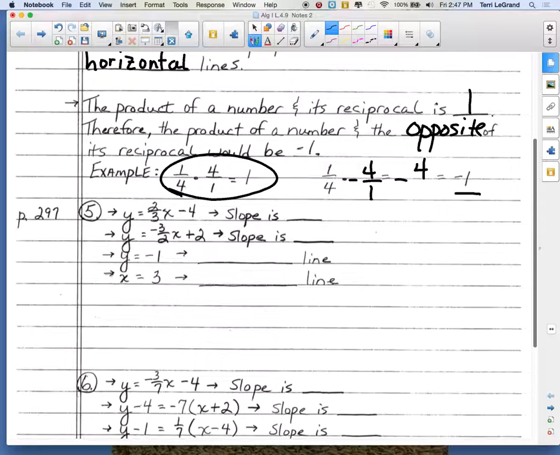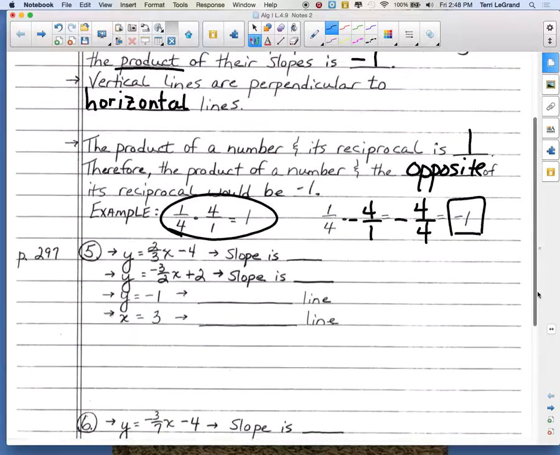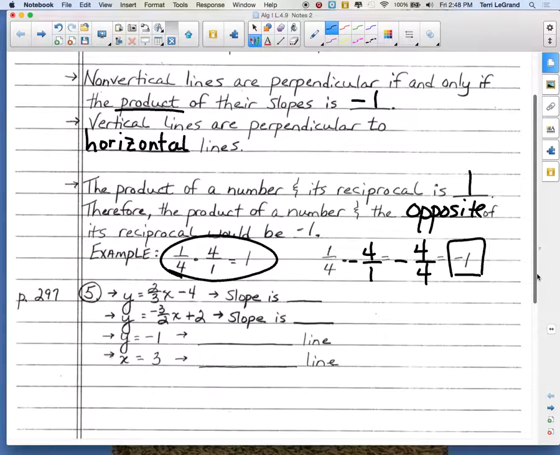And 1 times 4 upstairs is 4. 4 times 1 downstairs is 4. And 4/4 simplifies to 1, doesn't it? So we end up with our product of a -1. So that means the slopes have to be opposite reciprocals of each other. One has to be positive, the other has to be negative. Okay? So, we only have to worry about their slopes.